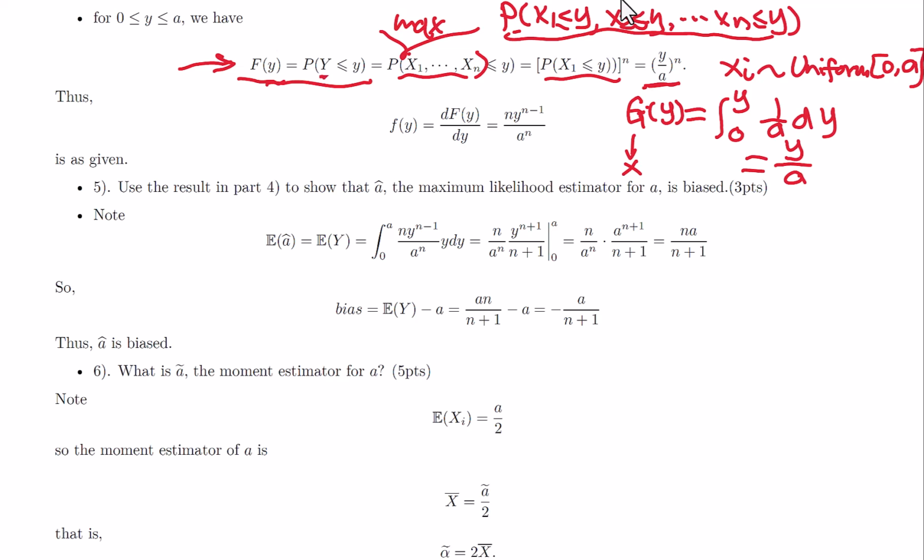With the CDF, how are we going to get the PDF, this little f_Y for capital Y? You take the derivative of the CDF with respect to y. That's how you get this.